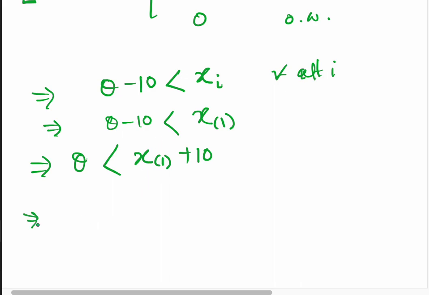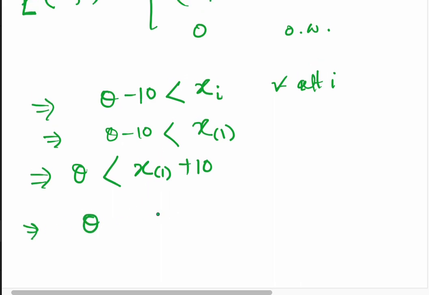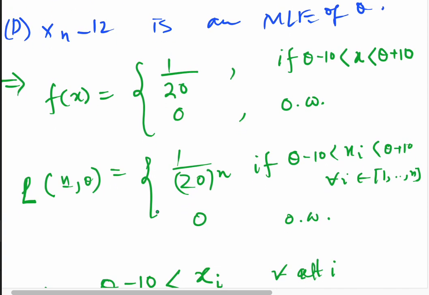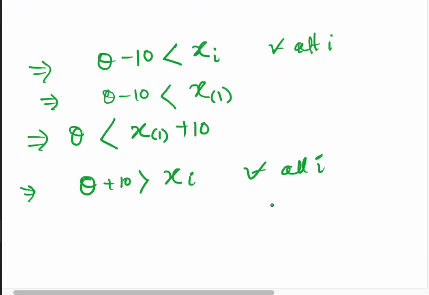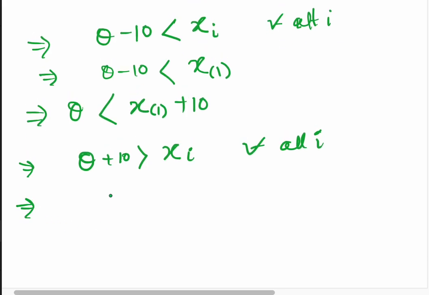And the other thing is theta plus 10 is greater than xi for all i. So theta should be greater than xn minus 10. So that's the two things we can say.